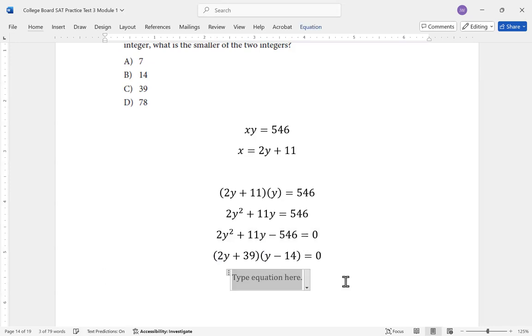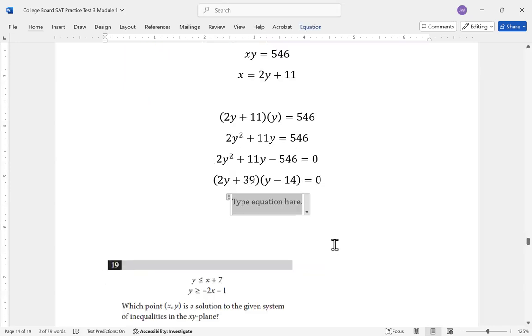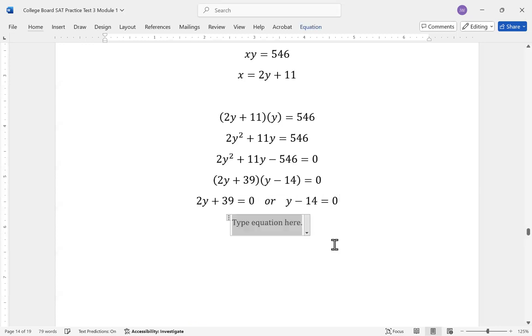Then we can use the zero factor property and set 2y plus 39 equal to 0 and set y minus 14 equal to 0. The first option gives me, when I solve it, y equals negative 39 over 2.